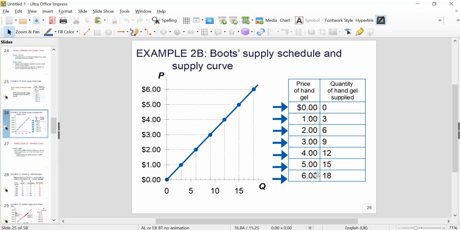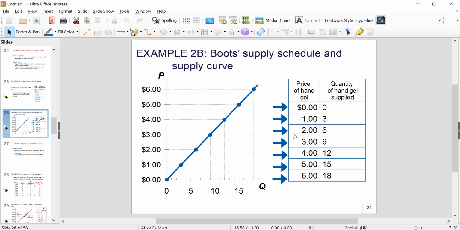So let's move on to the graphical illustration of the supply schedule. This is the graph of this schedule. Each point has a coordinate taken from this table. When the price is $0, no supplier is willing or able to supply, so the quantity is 0. So that point is point 0 here.